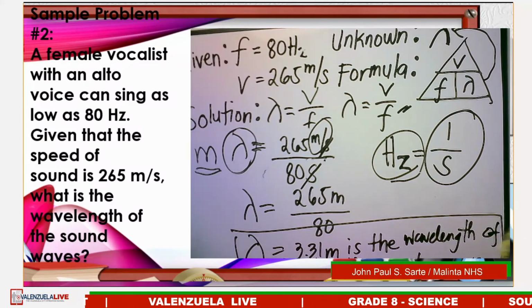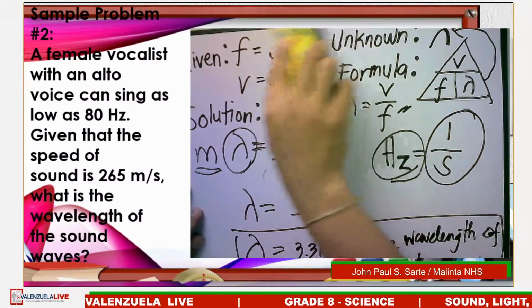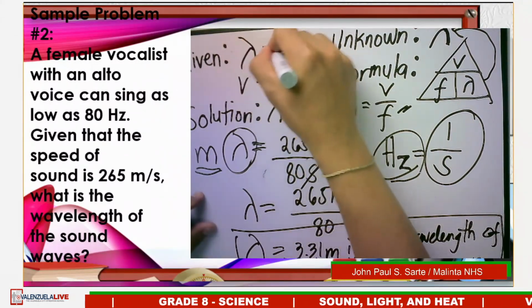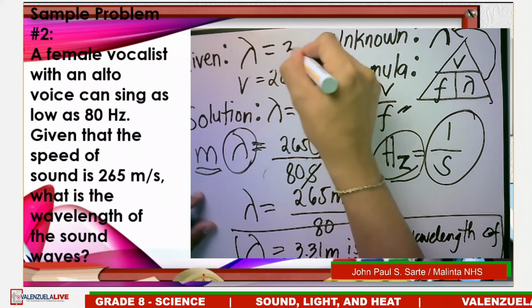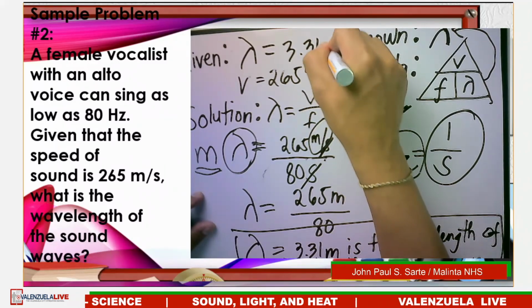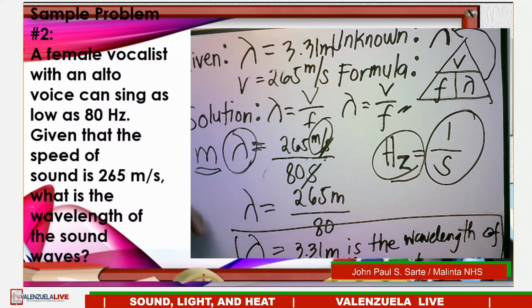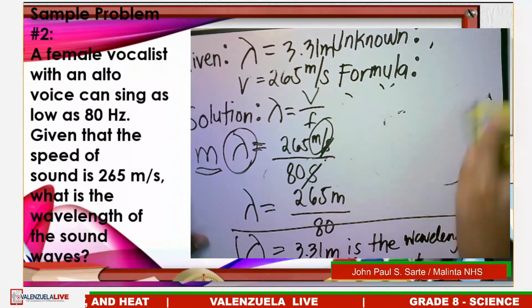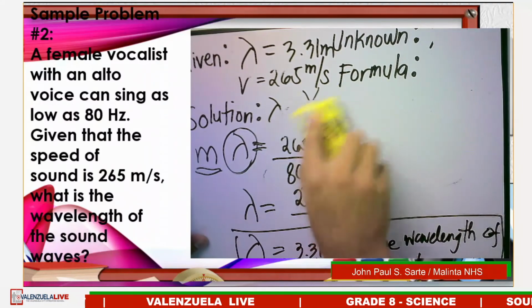So, let us change. We have the wavelength, lambda, which is 3.31 meters. And our unknown here, class, let me erase first.